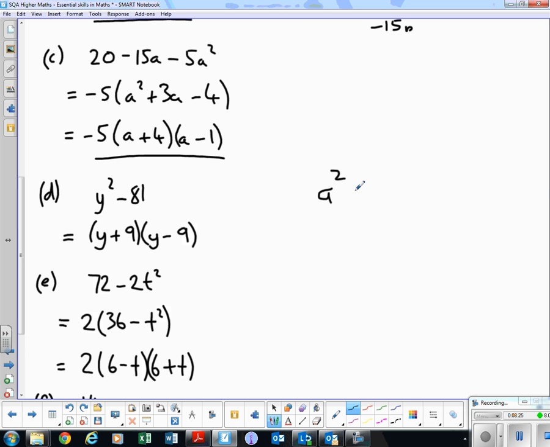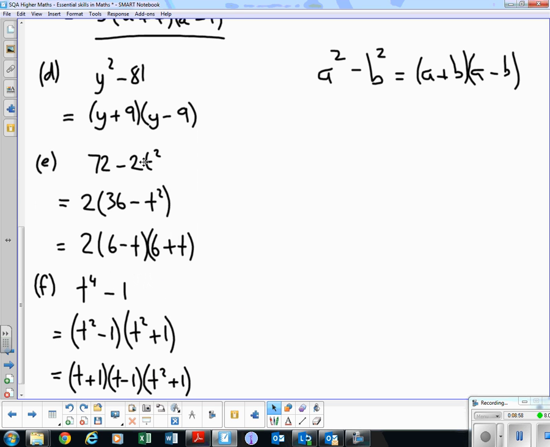So the difference of two squares, if we have it in the form a squared minus b squared, which we do here because 81 is 9 squared, we should remember that that is a plus b multiplied by a minus b. So here, as I said, y squared minus 9 squared, so it's y plus 9, y minus 9, just using this as a template.